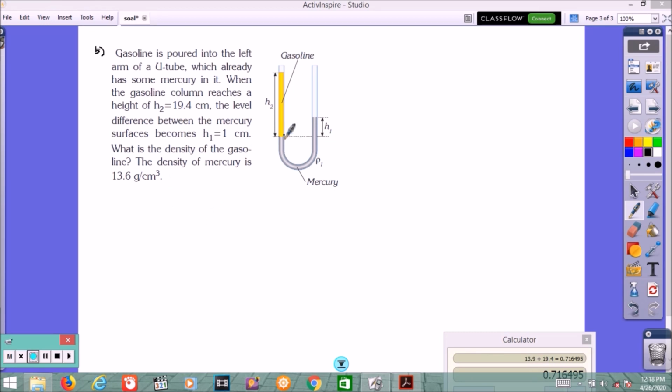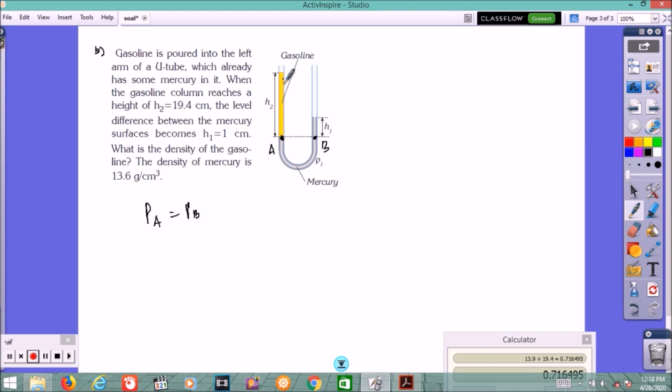First, we put 2 points at the same level. Point A at the border between gasoline and mercury, and then point B at the same level. Then PA equals PB.